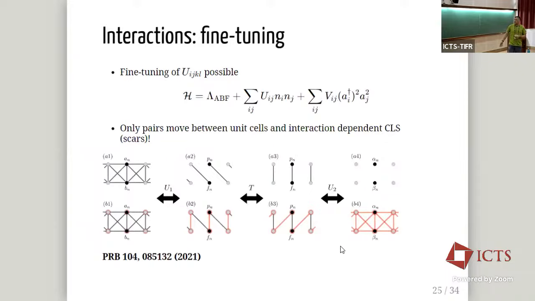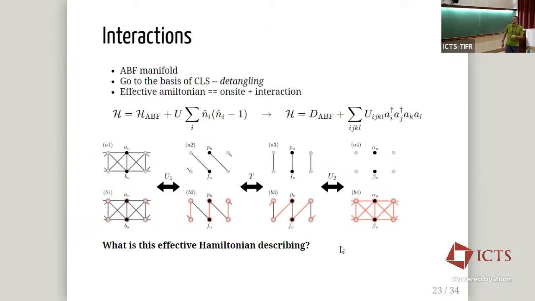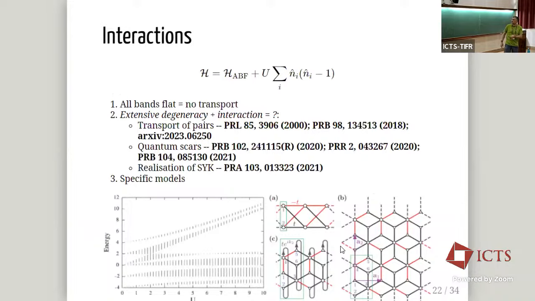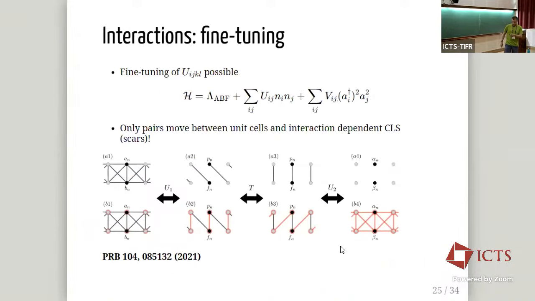If you now go back to the quantum problem, the very same fine-tuned manifold with only these terms present corresponds exactly to the case that I mentioned earlier, the transport of pairs. As you can see here, the only way for particles to propagate along the lattice is in pairs. You annihilate two particles on one side and move them to a different side.